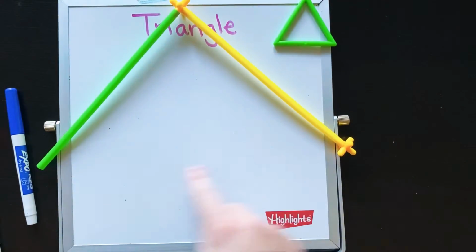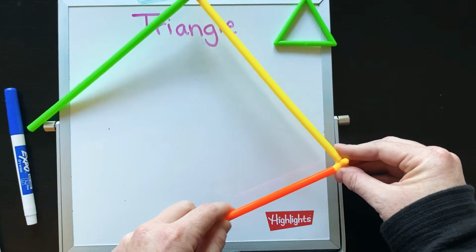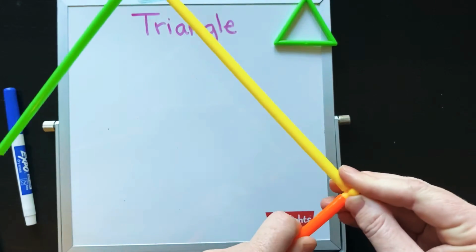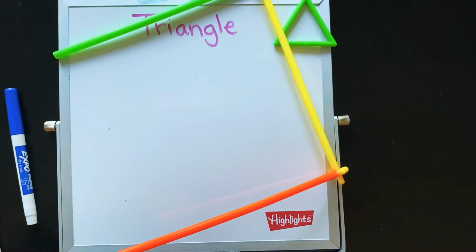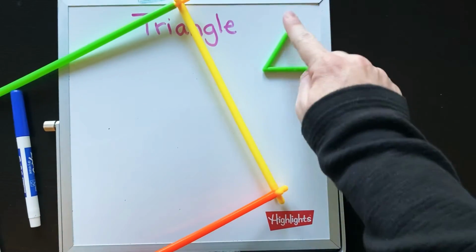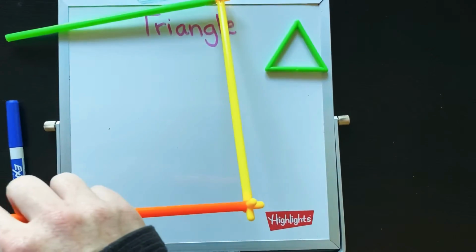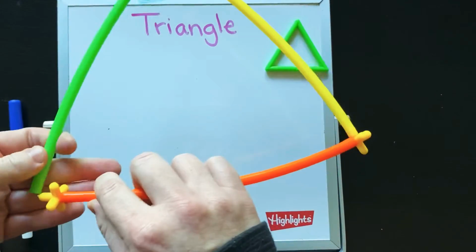And I need another side to connect it. So here's my other side. All right. Uh-oh, that's not looking right. I'm pretty sure I needed 1, 2, 3 corners. 1, 2, 3. So I'm going to connect it with a third one over here. See if I can connect it. There we go.